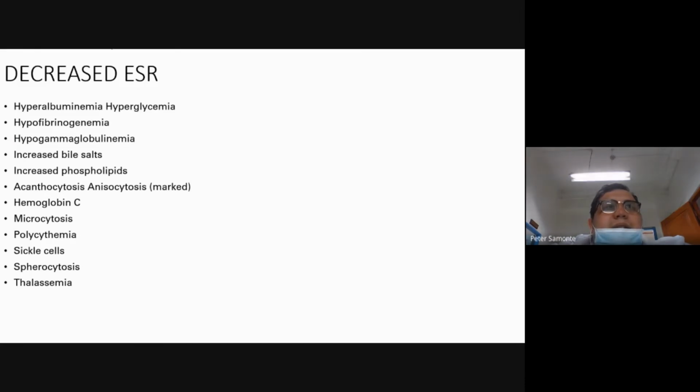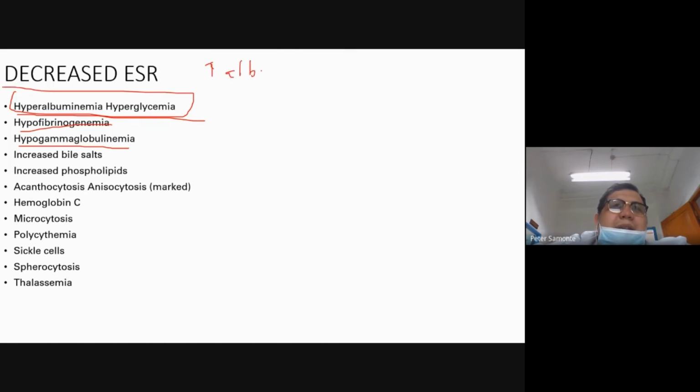Now, you will have decreased ESR naman in hyperalbuminemia, hyperglycemia, hypofibrinogenemia, hypogammaglobulinemia. So dito naman, in hyperalbuminemia and hyperglycemia, you would have increased albumin and increased glucose sa blood nyo. So when that happens, there would be more blockage.